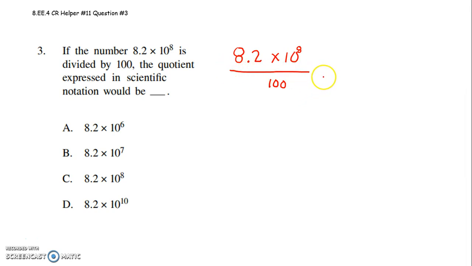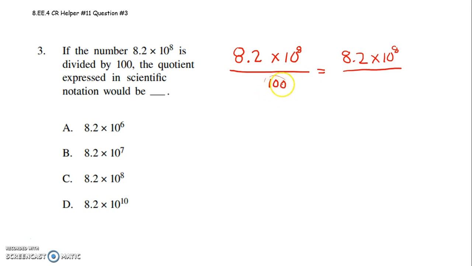What I think I'll do, there's lots of ways to go about this problem, but what I think I'll do is I'll write 100 in scientific notation. So to write a number in scientific notation, I'm going to keep my 8.2 times 10 to the 8th on top. To put a number in scientific notation, you need the first factor to be greater than or equal to 1, less than 10, and the second factor to be a power of 10.